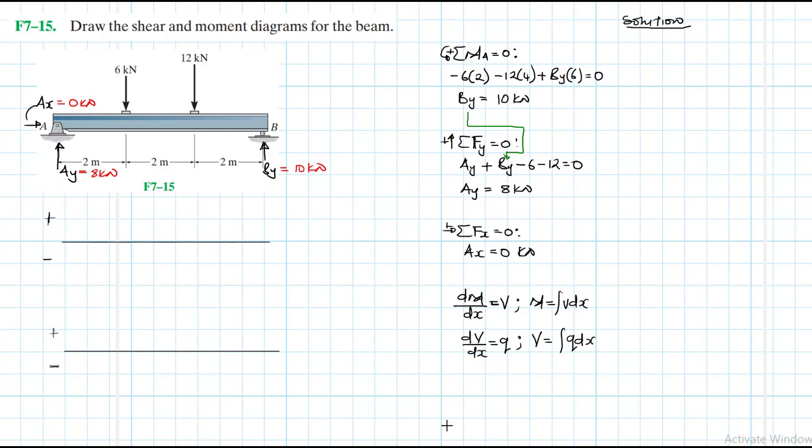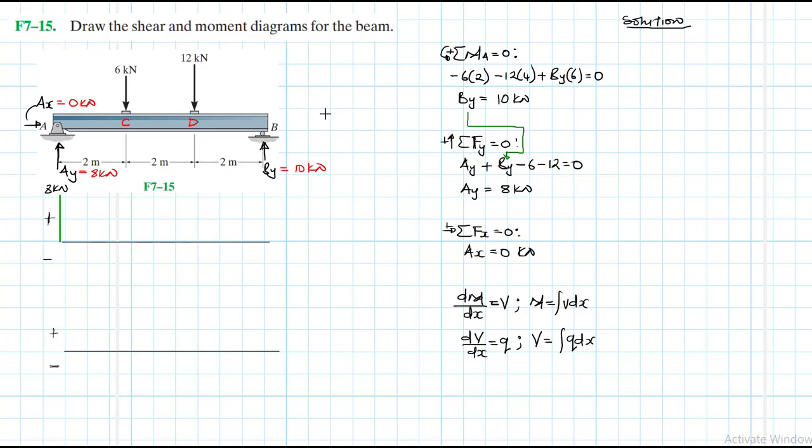At A, we have the initial value of 8 kilonewtons. And then from A, let me call these points C, D.